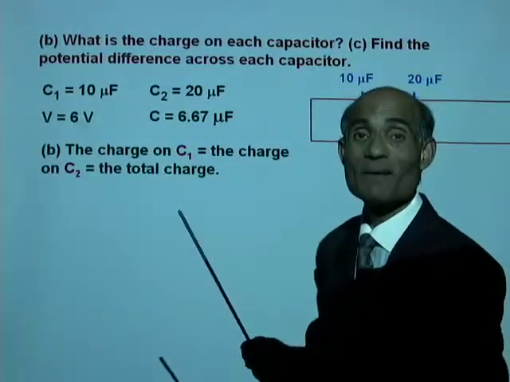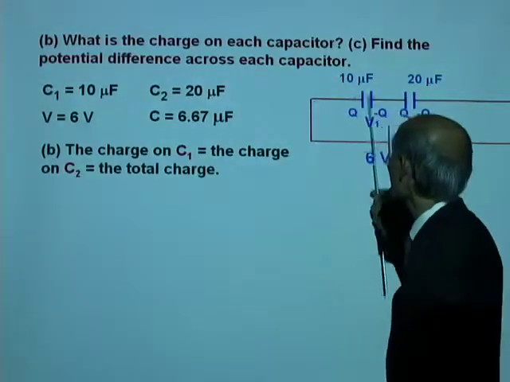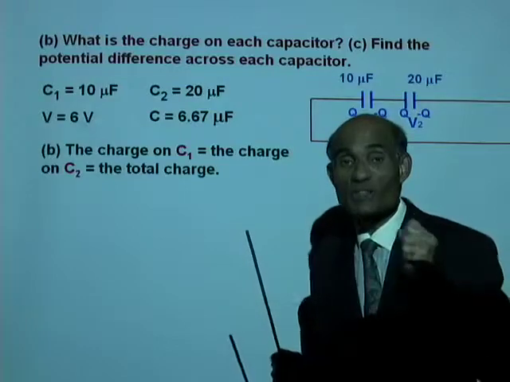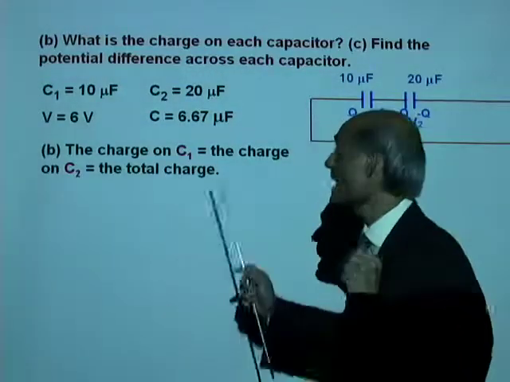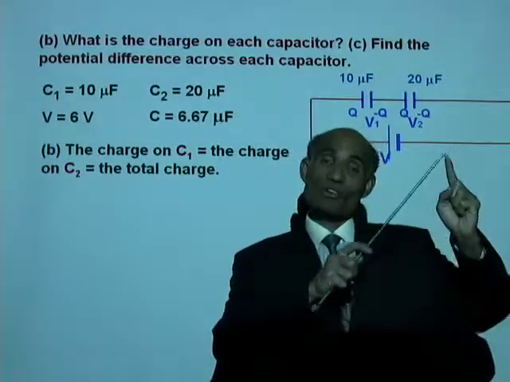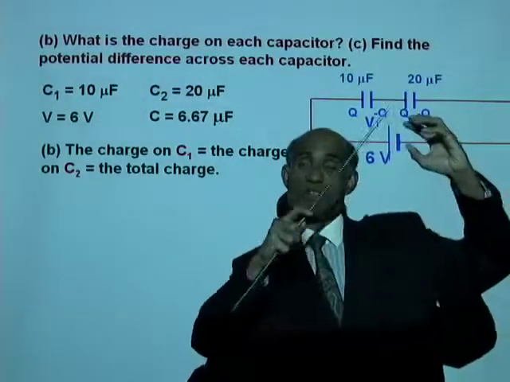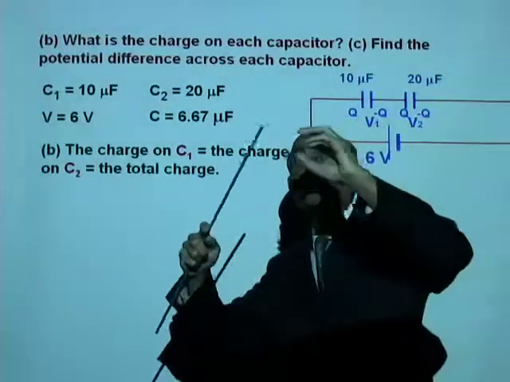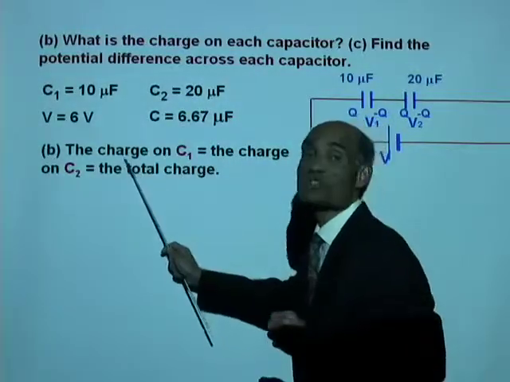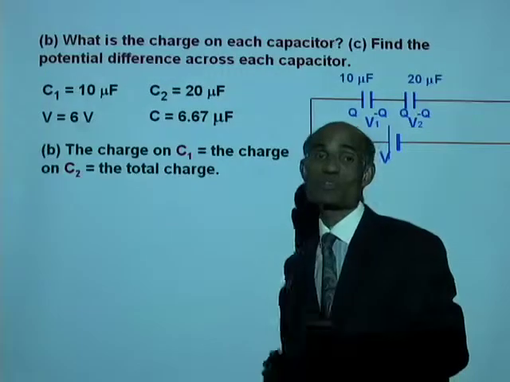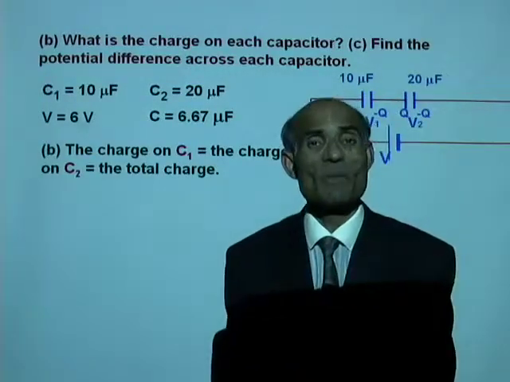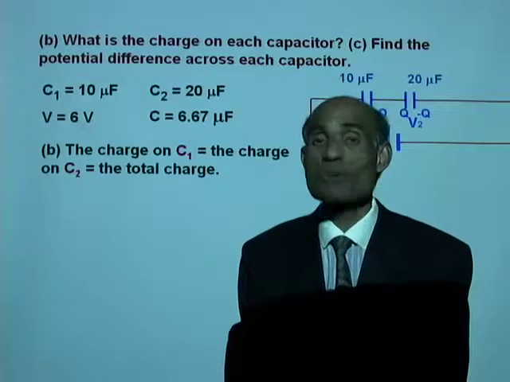You see, when capacitors are connected in series, the total charge in the circuit and the charge on each capacitor will be the same, because it's the same charge that flows from one capacitor to the other. So the total charge will be the same as the charge on C1, the same as the charge on C2. Is there any way to find the total charge?